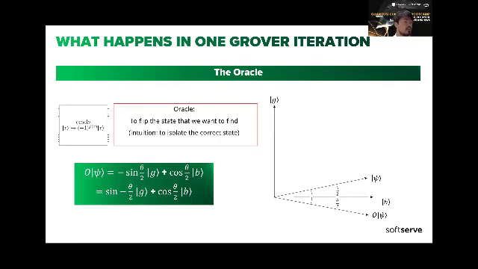The next thing we do is apply the Grover diffusion operator. What does the Grover diffusion operator do? So the second part of the Grover iterator circuit, what's the intuition behind it? We want to amplify the good state.